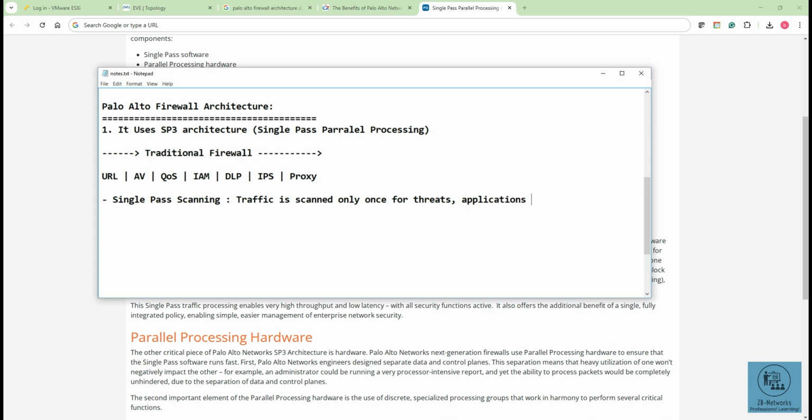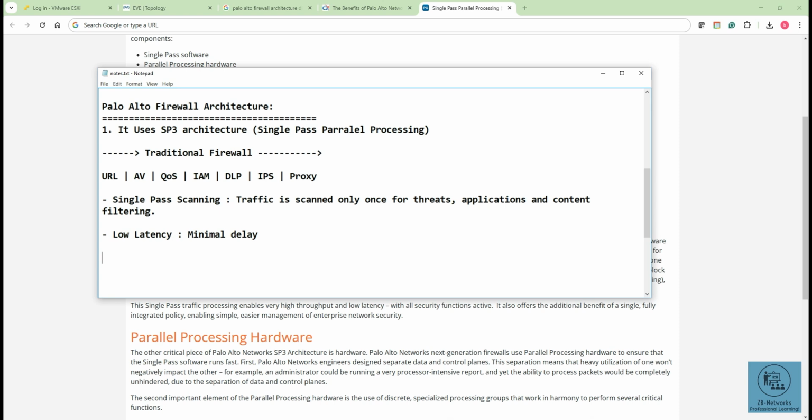And it gives you the feature called low latency. Because all security functions are applied in a single pass, there is minimal delay for the packets to get processed.